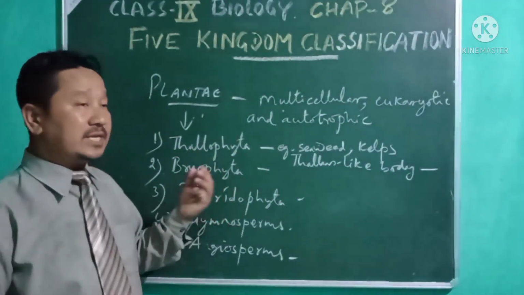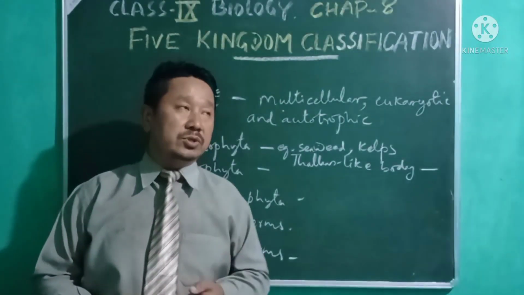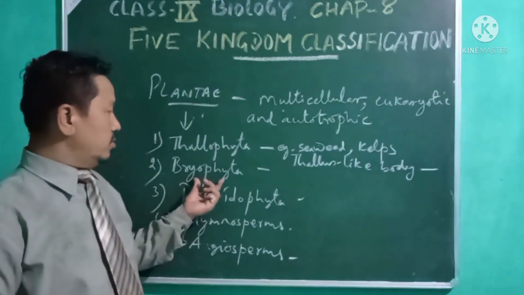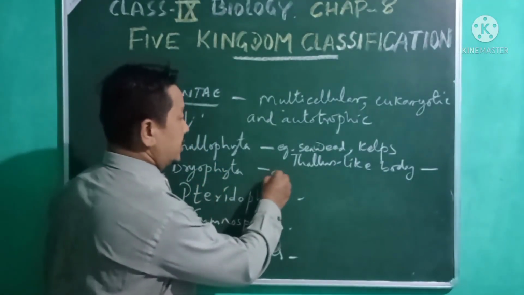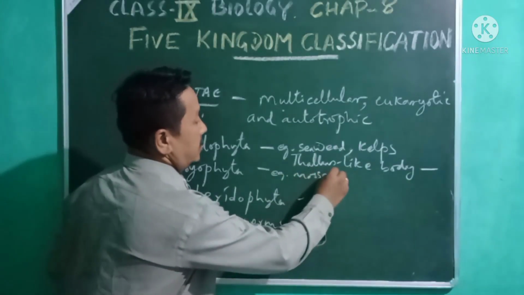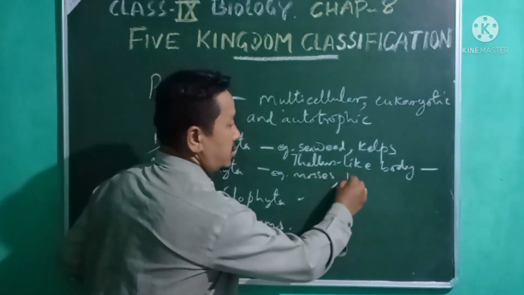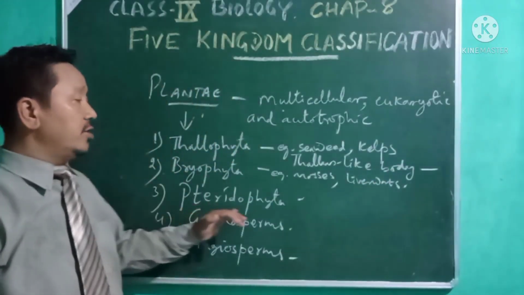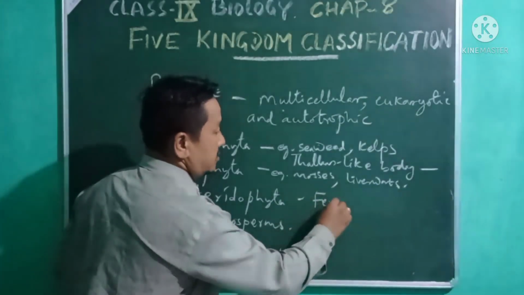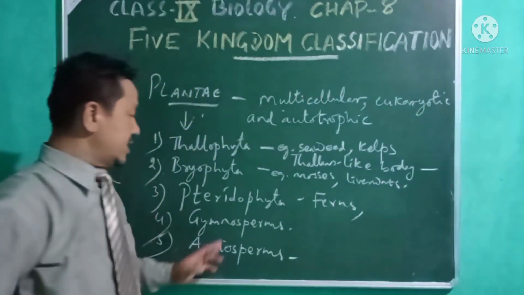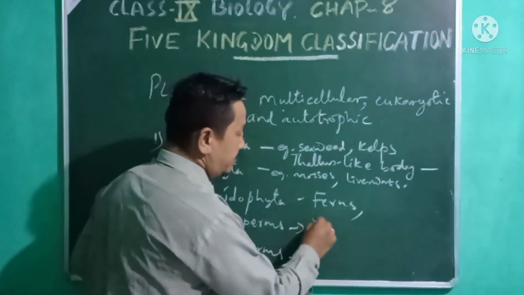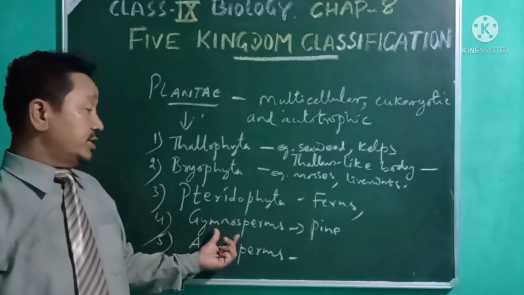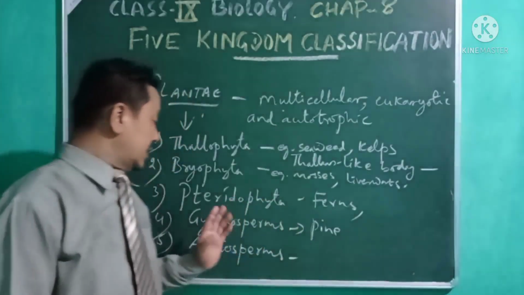Similarly, Bryophyta, examples: mosses and then liverworts. They all belong to Bryophyta. Then Pteridophyta, all ferns, F-E-R-N-S. Gymnosperms, for example pine, a cone-bearing plant, come under gymnosperms.